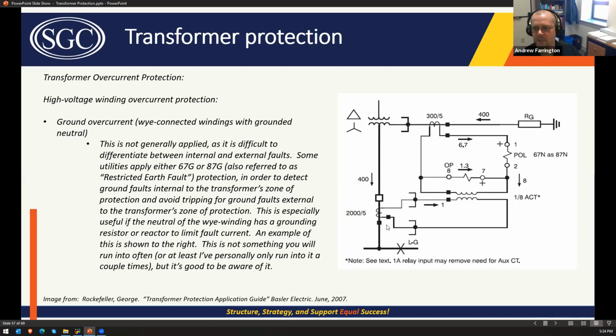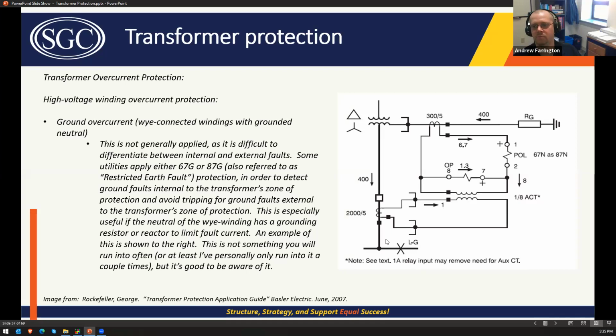If you had a fault here, it would be very hard to differentiate between this fault and a fault that's actually in zone. Or actually worse yet, because you'd get a different fault current depending on which side of the breaker it is.